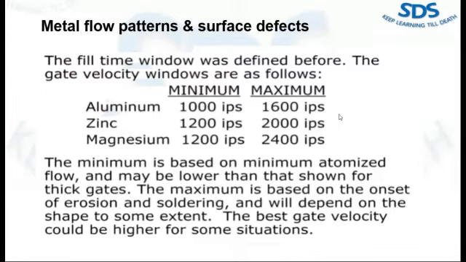The formula is P equals CT multiplied by VG squared, which is derived from the PQ square calculation. If you put P as 700 and the CT value is 0.5 for aluminium, you will get your VG, which is the gate velocity.